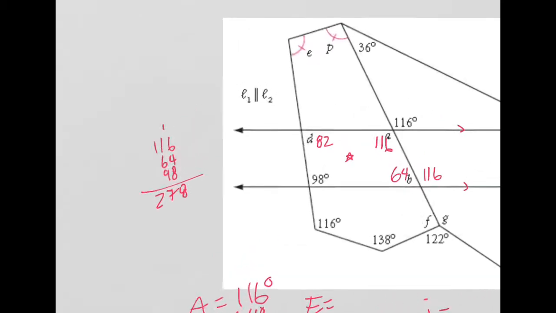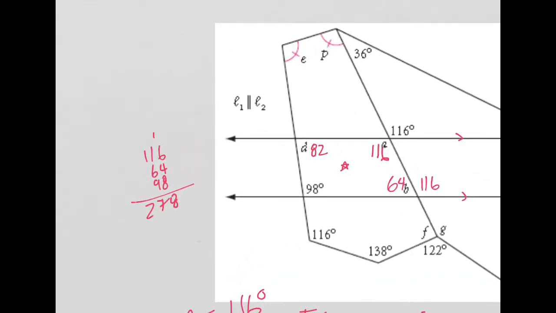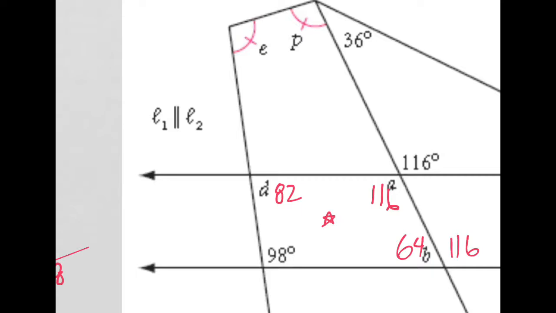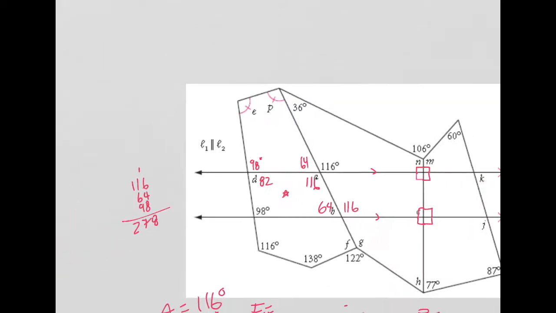Let's see where else I can go. Well, again, if that's 116, I know this angle here is 64. If this is 82 degrees, I know that this angle has to be 98 degrees. And notice that P and E are marked as congruent. So 98 plus 64 is going to give you 162.